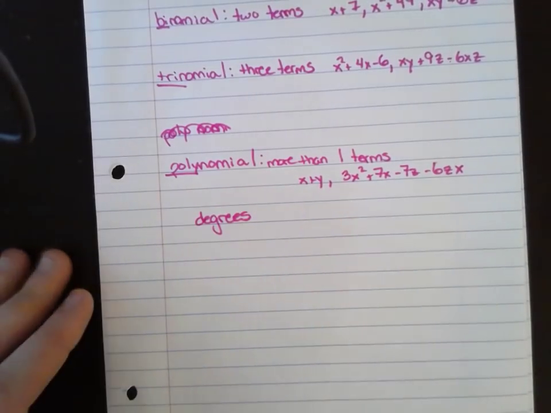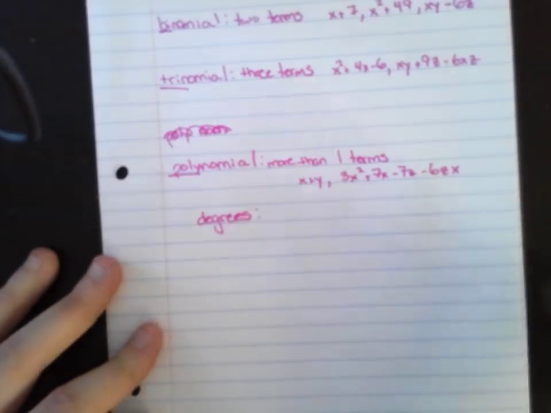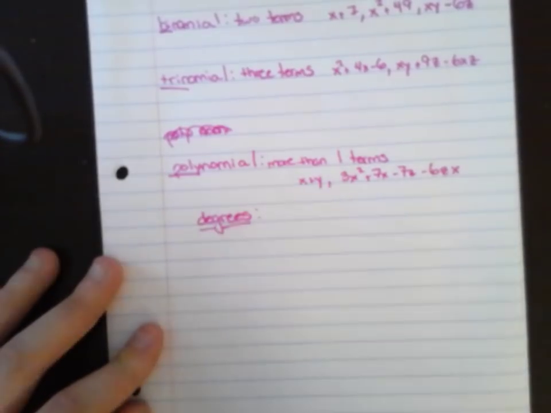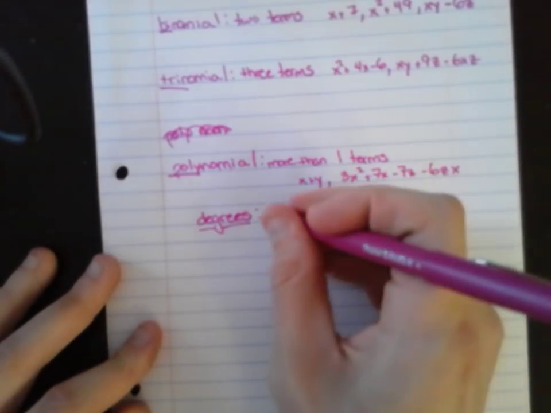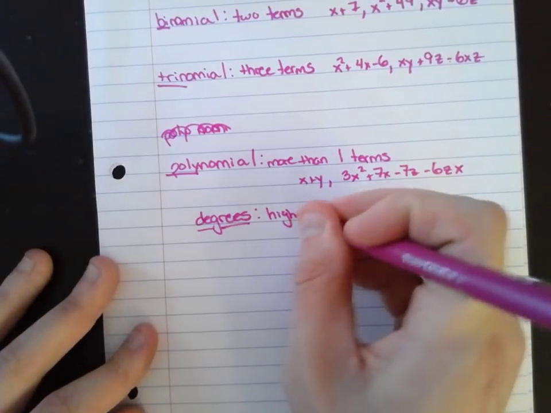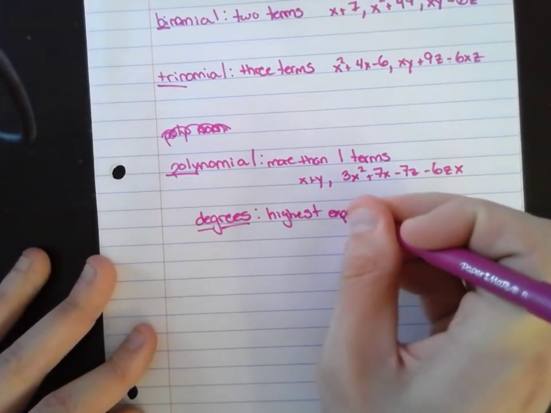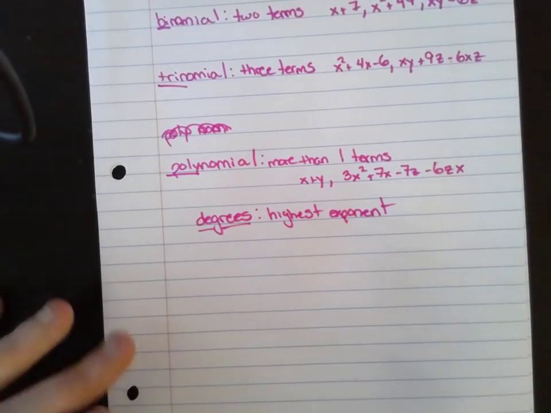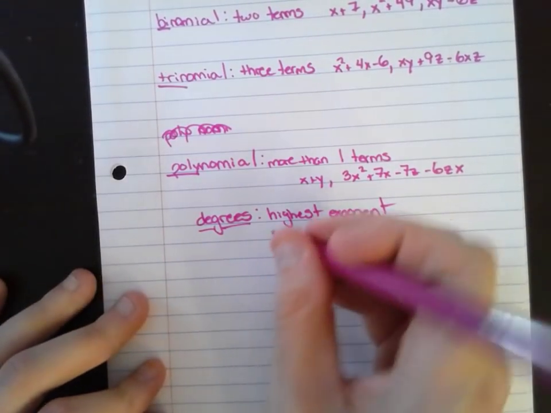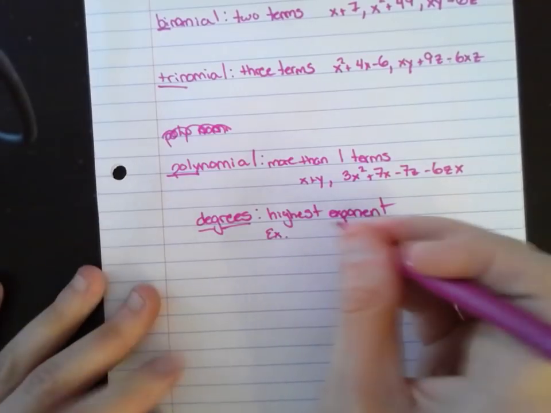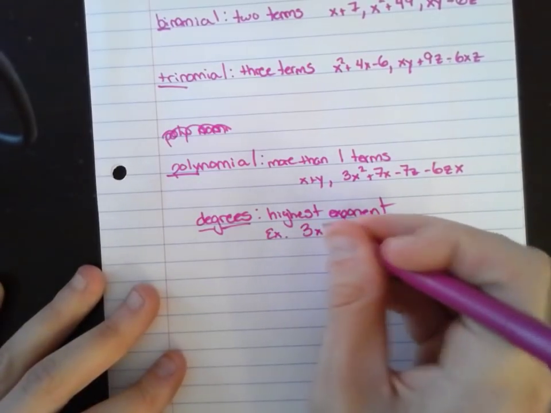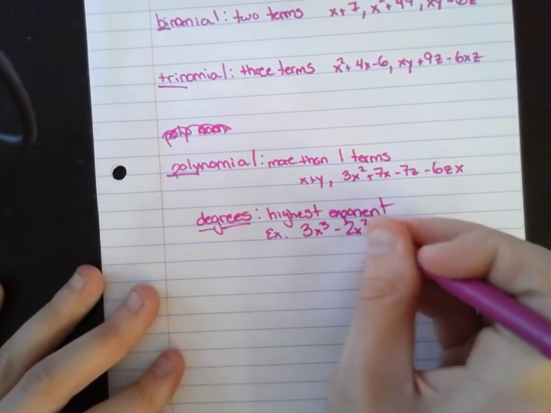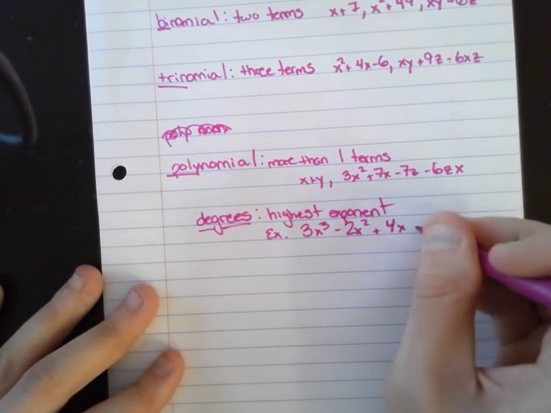Again, you guys can write this anywhere you have room, but with the degree of the expression, I'm mainly talking about the highest exponent in an expression. So for example, if we have an expression that is 3x cubed minus 2x squared plus 4x minus 6.